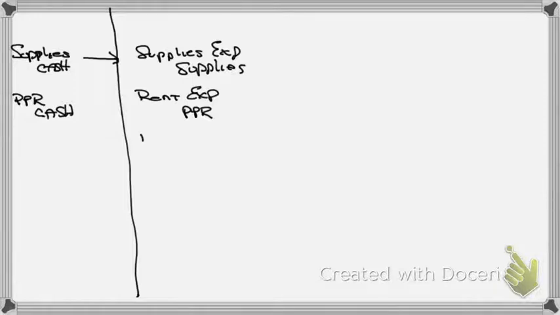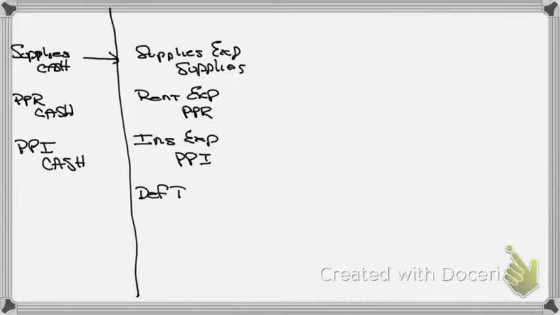Same with insurance expense and prepaid insurance, prepaid insurance and cash. And then one other one that goes over here would be deferred revenue and revenue, debit deferred revenue and credit revenue.